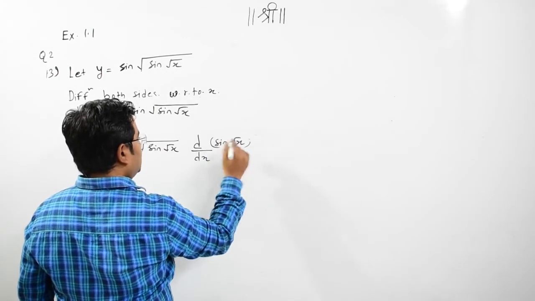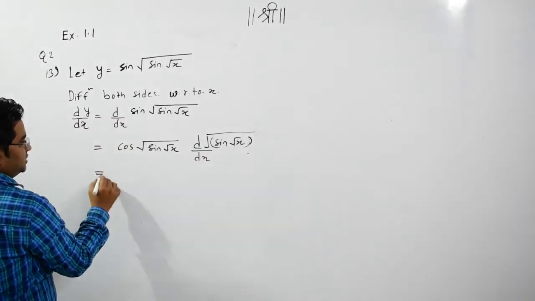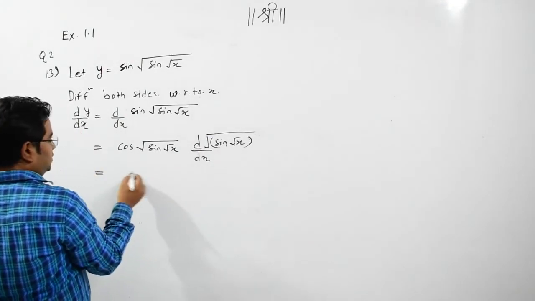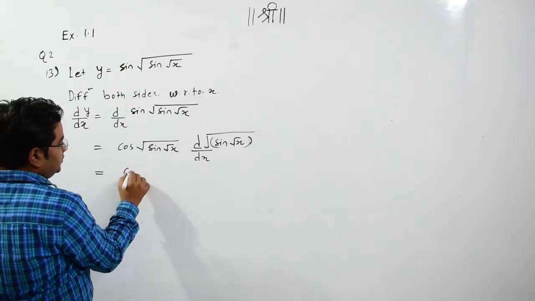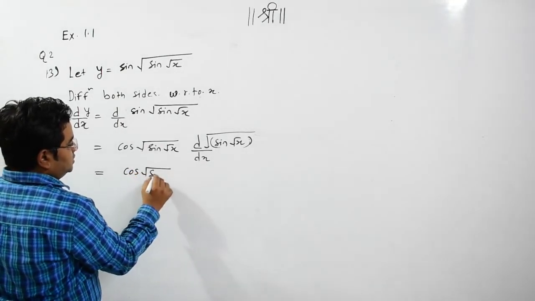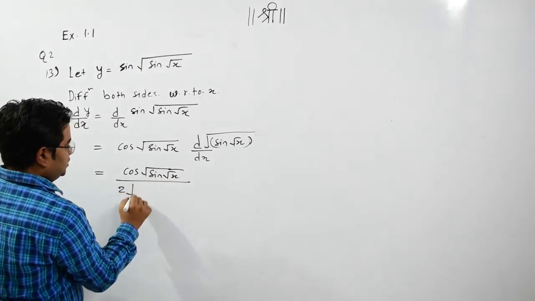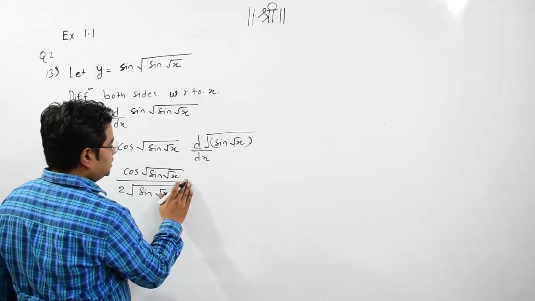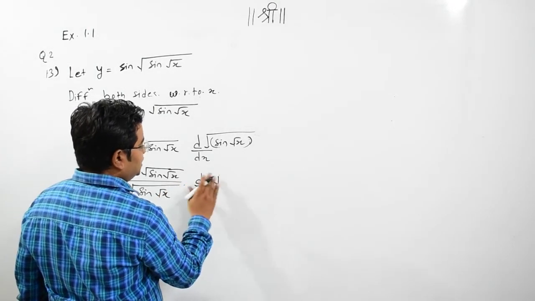What is the derivative of under root of f of x? It is nothing but cos under root of sine under root of x divided by 2 times under root of sine under root of x. Very interesting. Now the derivative of d/dx of under root sine x is done.